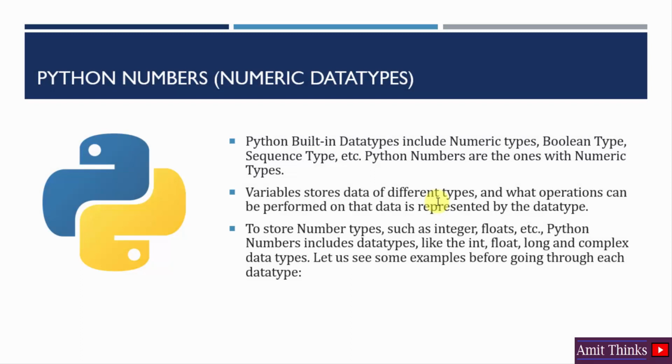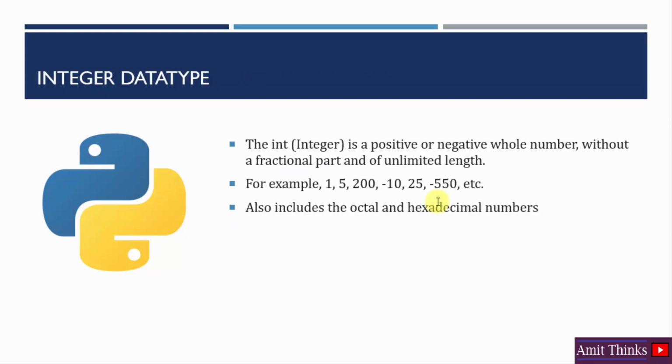So we have seen a sample example. Now comes the first type, that is the integer type. It is a positive or negative whole number without a fractional part. The examples we just saw, and it also includes octal and hexadecimal numbers.